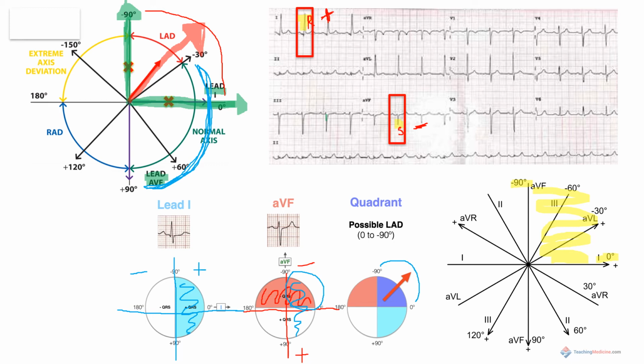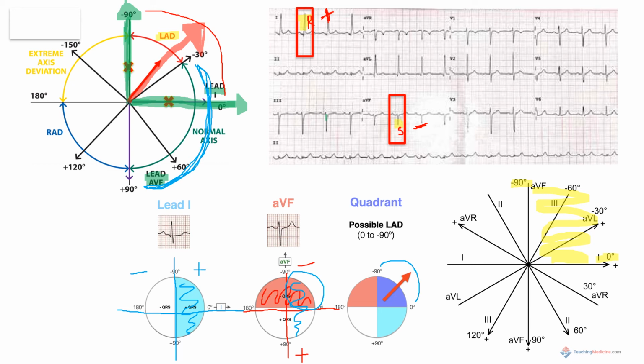Now, there's a possibility that this individual might have something known as LAD, left axis deviation, and that's when your mean electrical axis gets shifted more towards the left. Because remember how normally we are supposed to be from 0 to +90, and you can see that our mean electrical axis got shifted more towards the left.